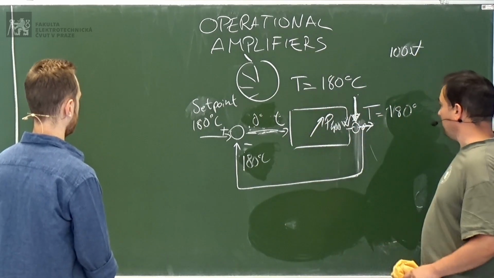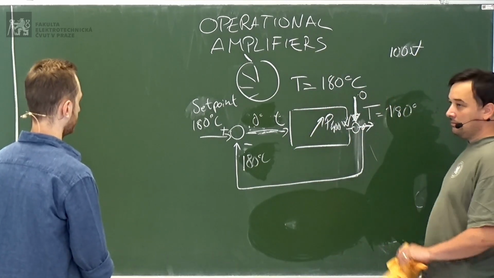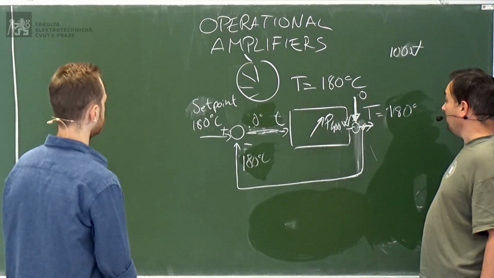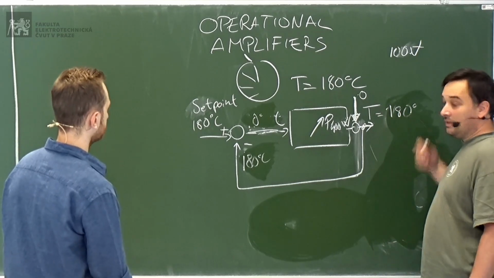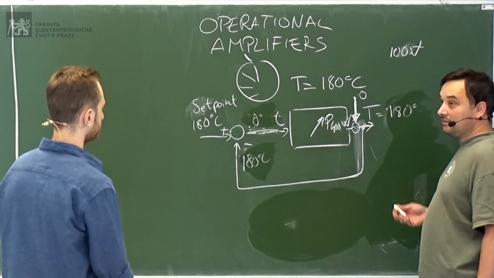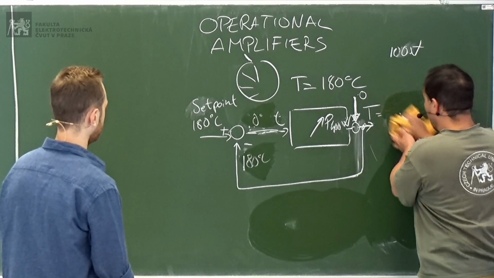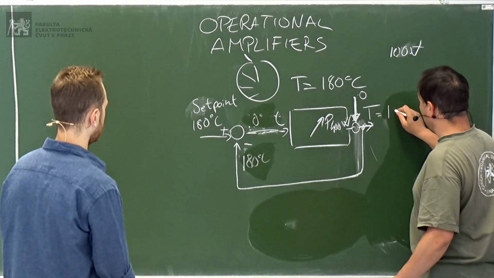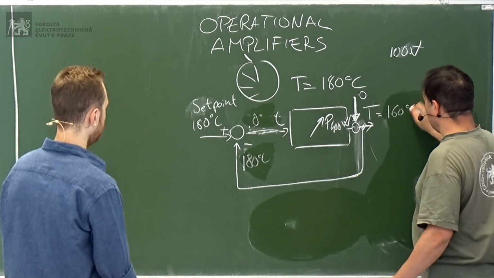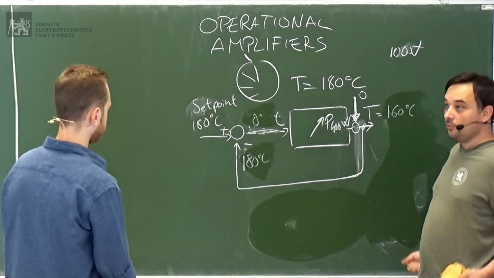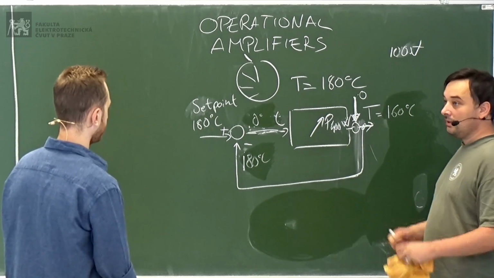The disturbance is 0, and we are all fine. But now the disturbance changes, becomes, for instance, negative. So it takes out some value. So the temperature drops to, I don't know, 160 degrees. For instance, you open the door or whatever.